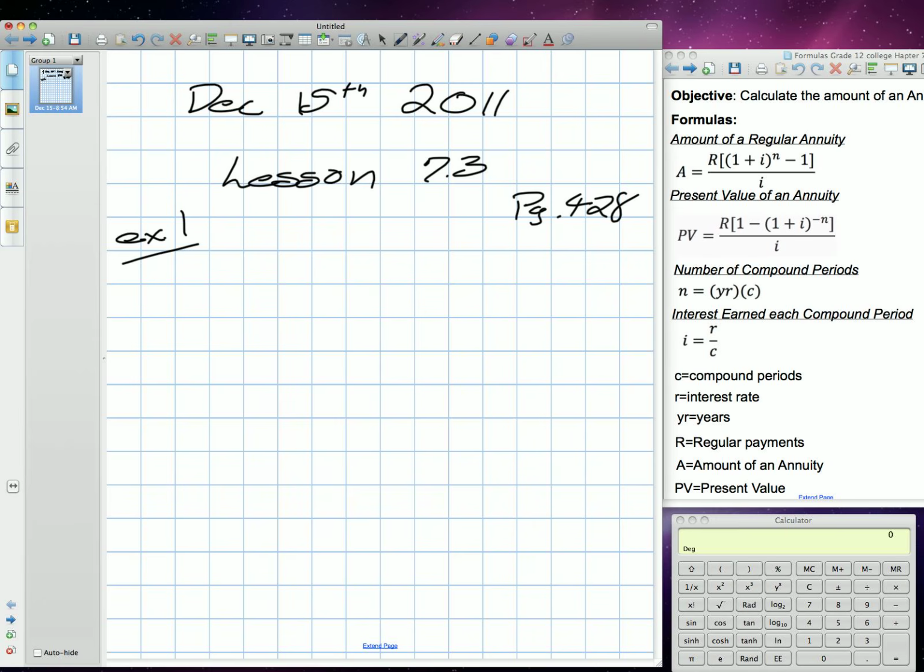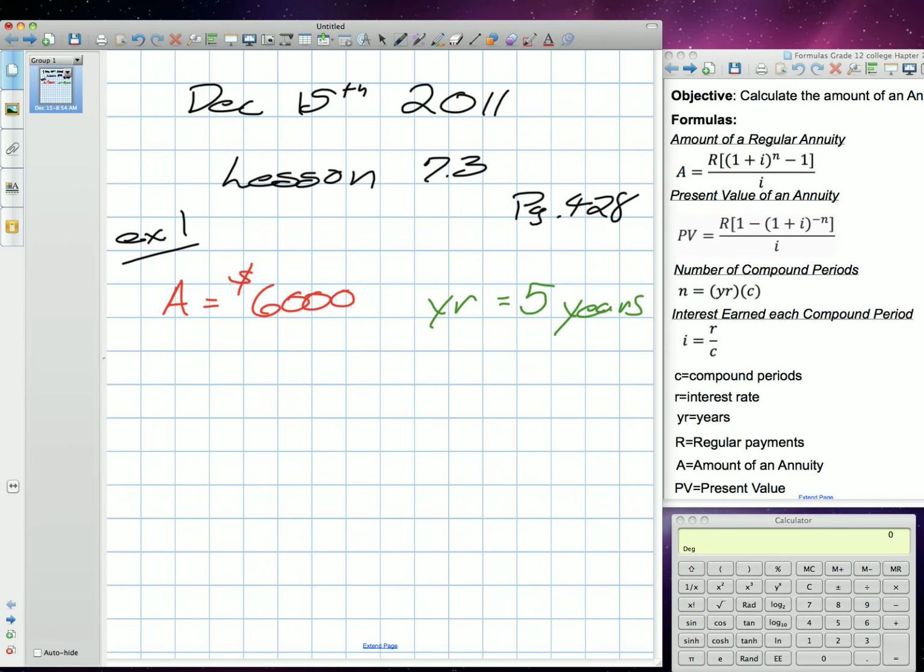The total amount, our A, is the $6,000 she wants to have at the end of everything. She plans to take a trip in 5 years, so that means the years in this question is going to be 5. We're talking about 5 years' time that she needs to have $6,000.